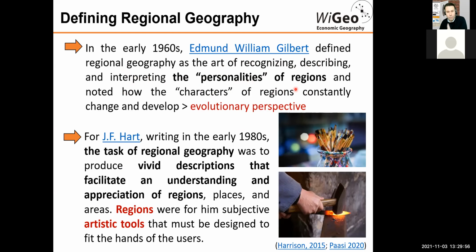And these personalities of regions are the result of an evolution throughout time.